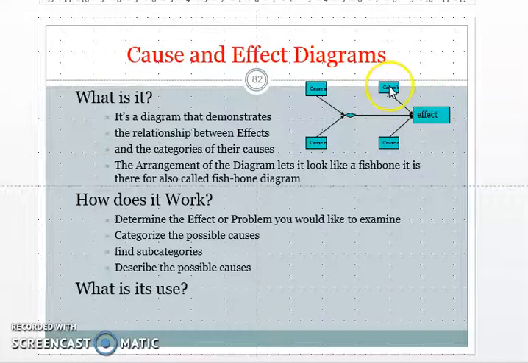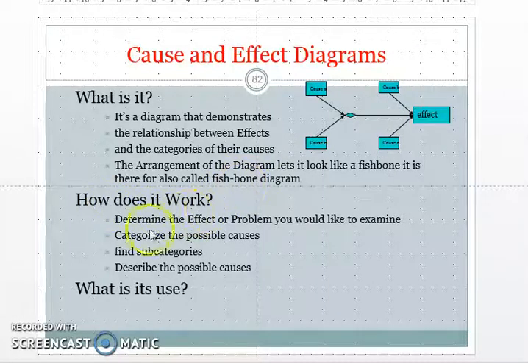These causes are mainly material, manpower, machine or method. These are the possible four causes.